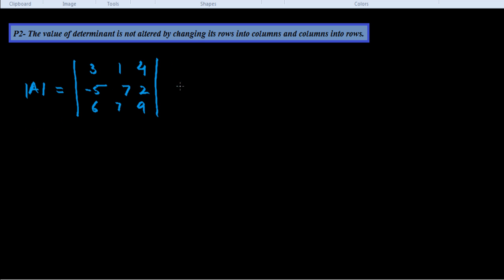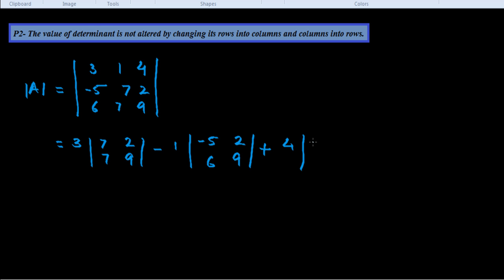So we get the value in this way: 3 times the determinant 7, 2, 7, 9, minus (-1) times -5, 2, 6, 9, plus 4 times -5, 7, 6, 7.